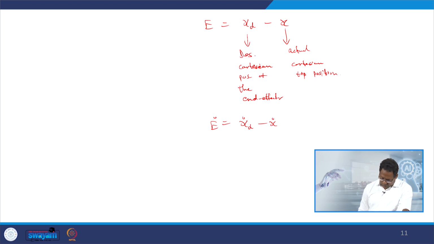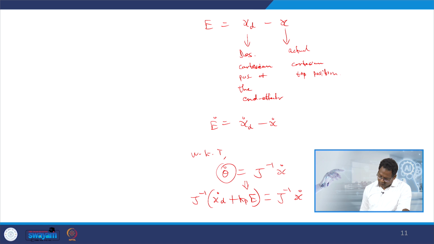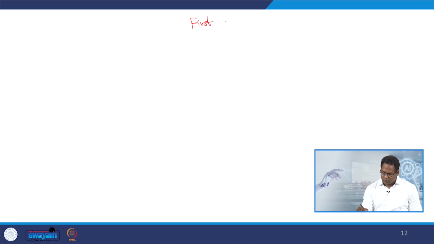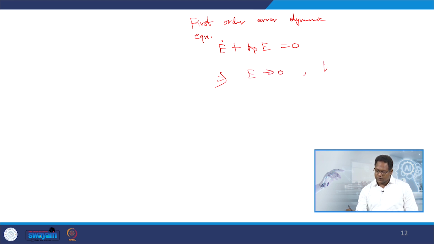Upon substituting back, because we know that theta dot equal to J inverse x dot, and that theta dot is given by the control law, that is J inverse into (x d dot plus Kp into error), let us equate this to J inverse x dot, and this turns out to be e dot plus Kp e is equal to 0, which is nothing but a first order error dynamic equation, which implies that e tends to 0 as time tends to infinity.